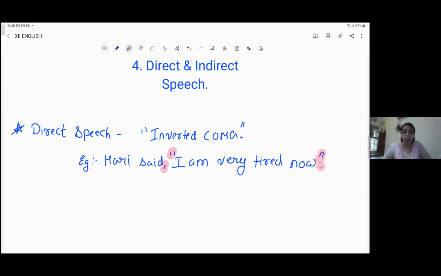Clear? You all are not putting inverted commas because each and every student has confusion, and many of them have written also कि वो लोग जब भी ट्रांसफर करते हैं, एक्सचेंज चेंज करते हैं डायरेक्ट से इनडायरेक्ट में, then they make a mistake that डायरेक्ट में भी इन्वर्टेड कॉमाज़ हैं तो इनडायरेक्ट में भी इन्वर्टेड कॉमाज़ मुझे डालने ही हैं. No, it is not compulsory. रॉन्ग हो जाएगा पूरा सेंटेंस. If you have written the whole sentence right, still the 2 marks will go completely. Why? Because you all have put the inverted commas into that particular sentence.